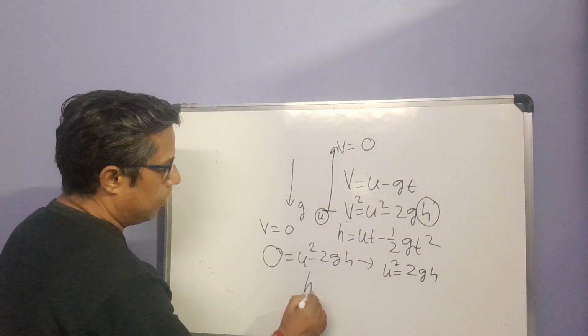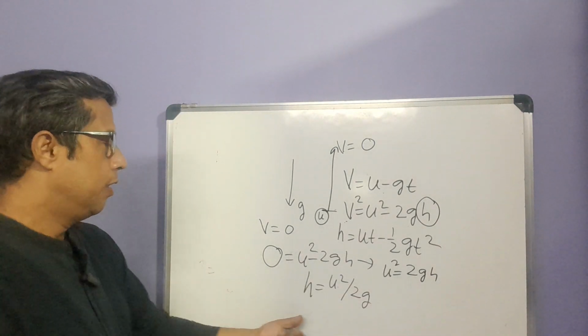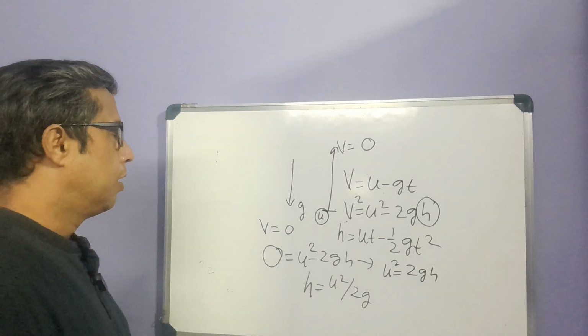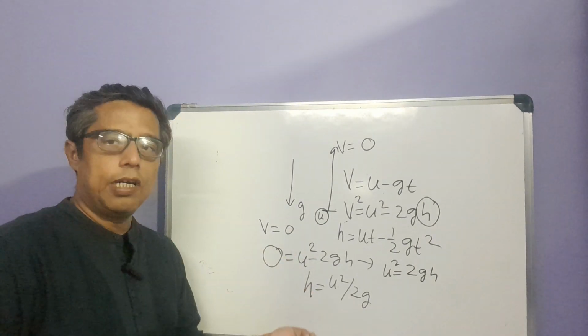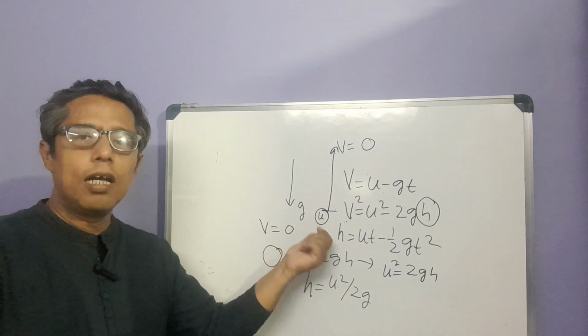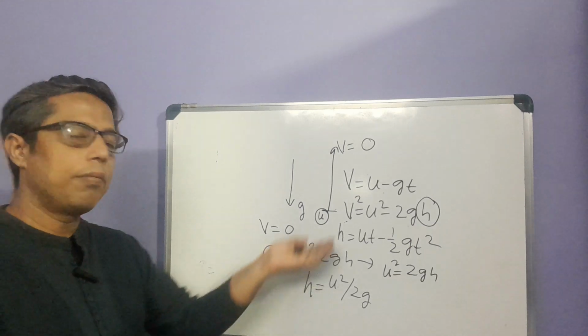So H is equal to u square by 2g. This is the final answer. So you can calculate the maximum height of an object when it is thrown upward with some initial velocity. So u and g are the determining factors for maximum height.